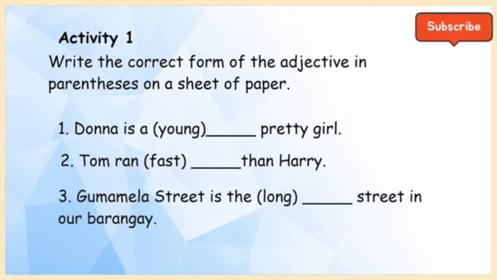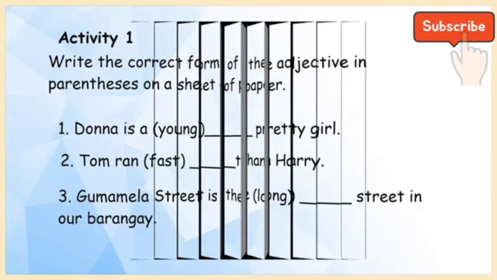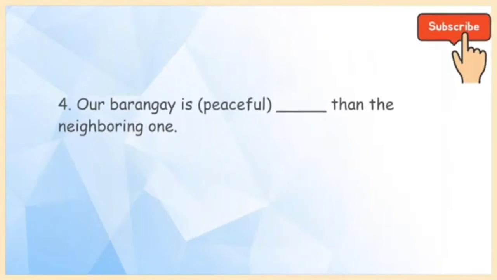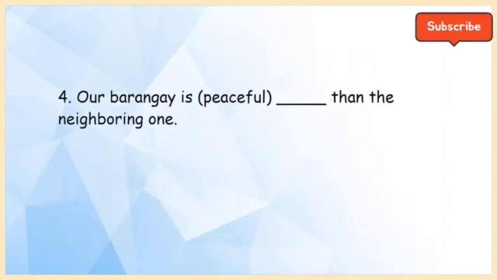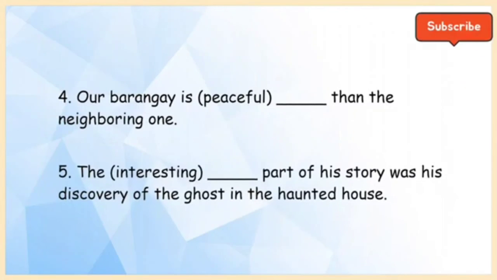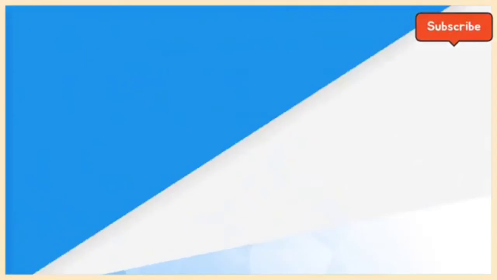Gumamela Street is the blank street in our barangay. 4. Our barangay is blank than the neighboring one. 5. The blank part of his story was his discovery of the ghost in the haunted house.